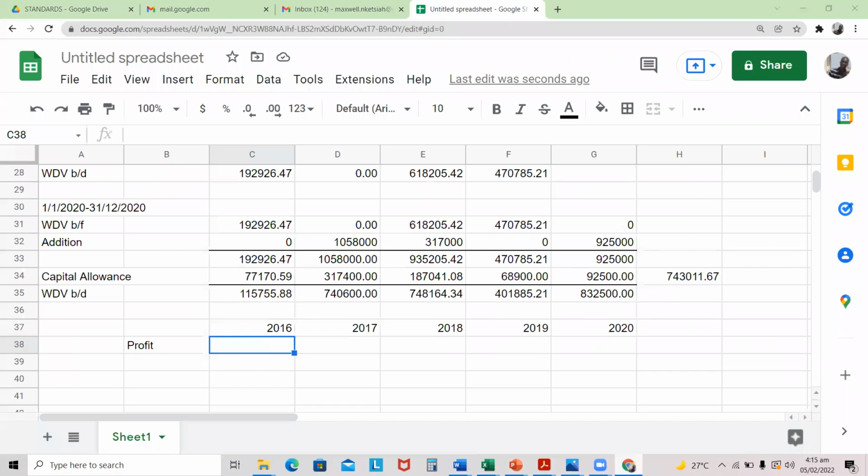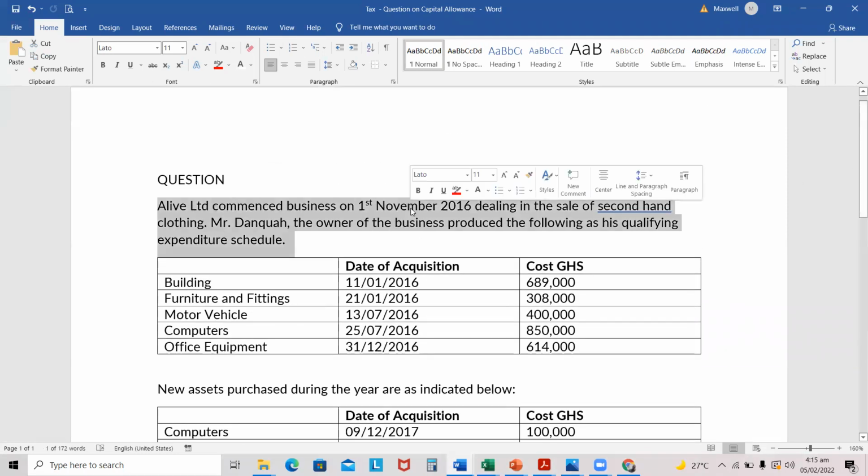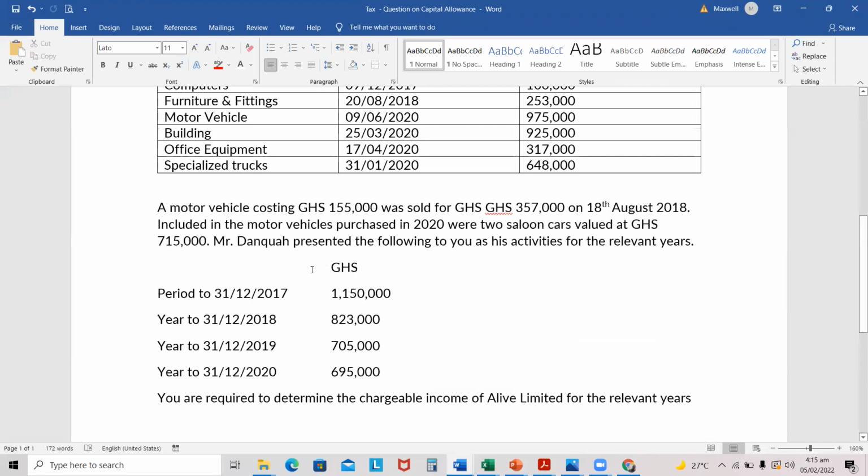So how do we find that profit? How many months from 1st November 2016 to 31st December 2017?